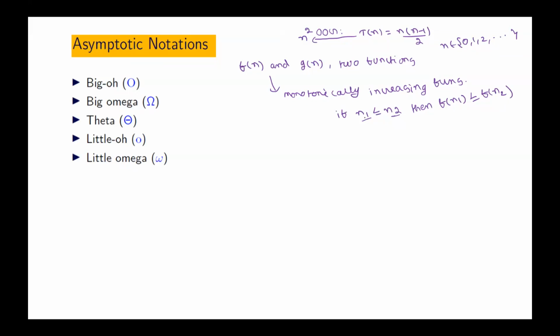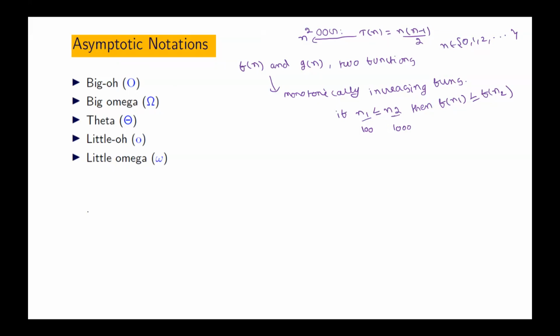If one distance is 100 kilometers and another is 1000 kilometers, it is expected that the 1000 kilometer distance takes more time or at least the same time as 100 kilometers, but not less. Is that clear? That is monotonically increasing.